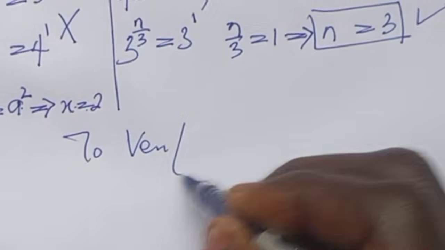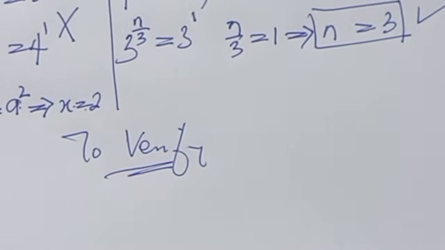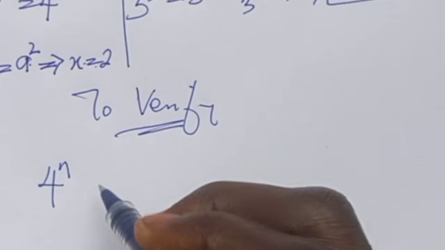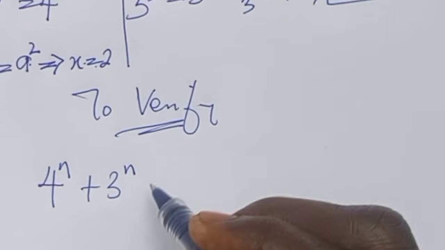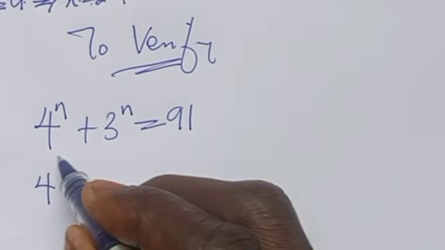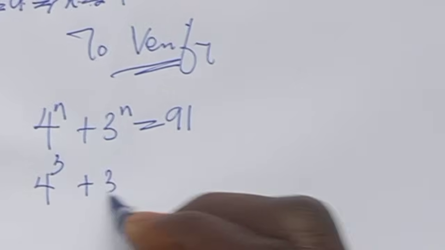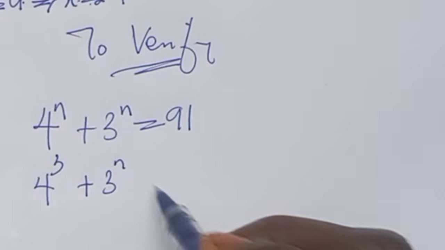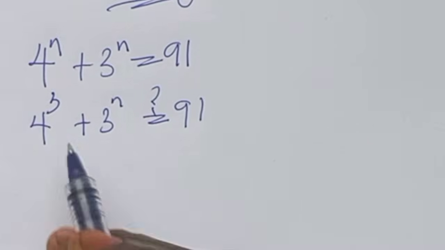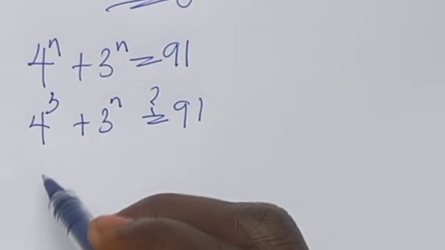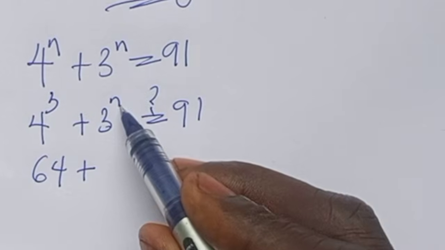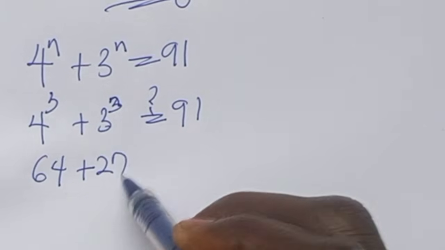So to verify if this is true, we're going to bring back the original equation that says 4 to the power of n plus 3 to the power of n equals 91. So with n equal to 3, we have 4 to the power of 3 plus 3 to the power of 3. Can this be equal to 91? But 4 to the power of 3, that is 64, plus 3 to the power of 3, which is 27.